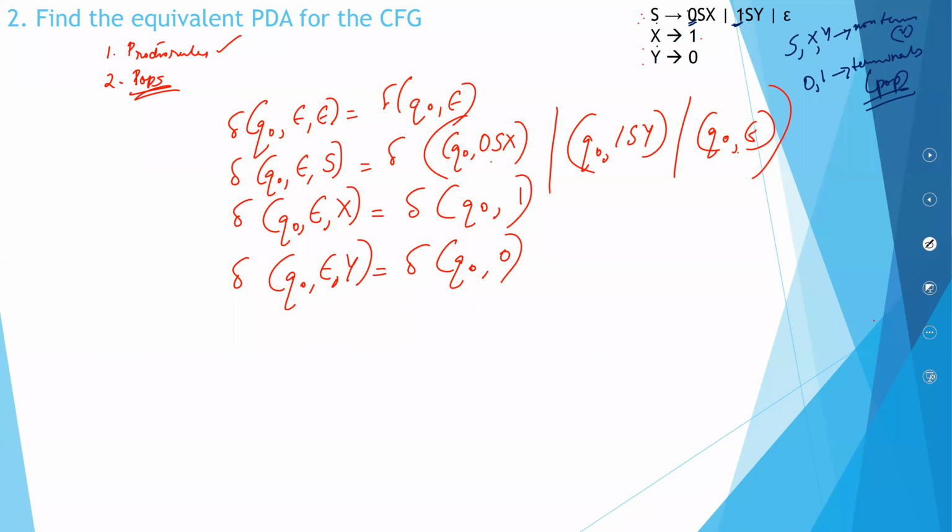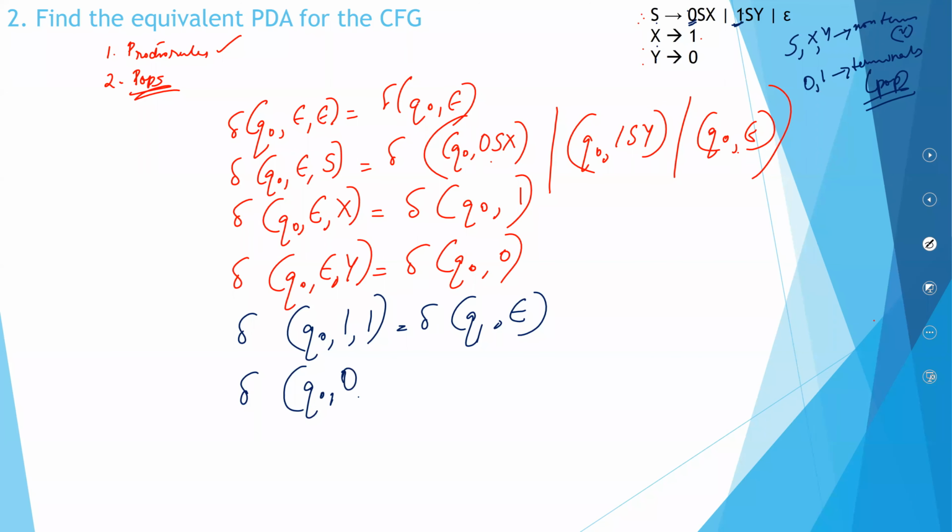Okay. So I'll write for my pops. Q0. When I encounter a 1 and the top of the stack is 1, I will be popping and going into a new state. Similarly, when I encounter a 0 and the top of the stack is 0, I will be popping.